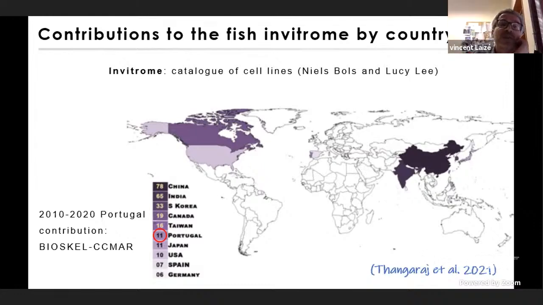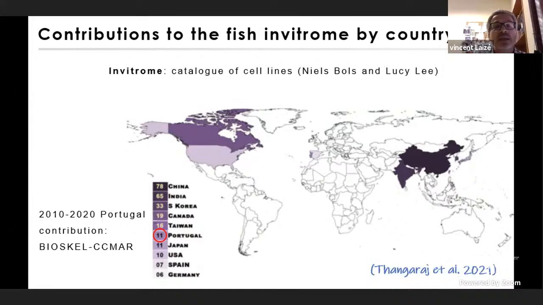And a fish in vitro, actually, is a catalog of cell lines. So for example, the trout in vitro will be the catalog of cell lines from trout, and here the fish in vitro is the catalog of cell lines from fish. In that paper, they particularly focus on the fish in vitro from 2010 to 2020.